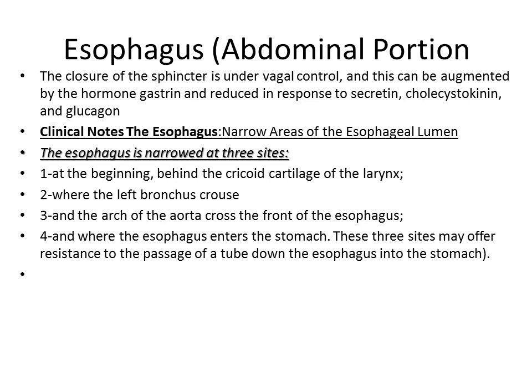Second, where the left bronchus crosses the esophagus. Third, where the arch of the aorta crosses the front of the esophagus, and where the esophagus enters the stomach. These three sites may offer resistance to the passage of food down the esophagus, the esophageal sphincter, and the stomach.